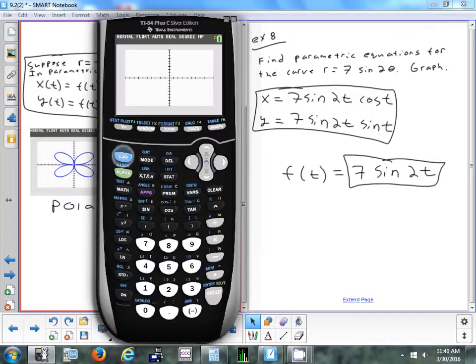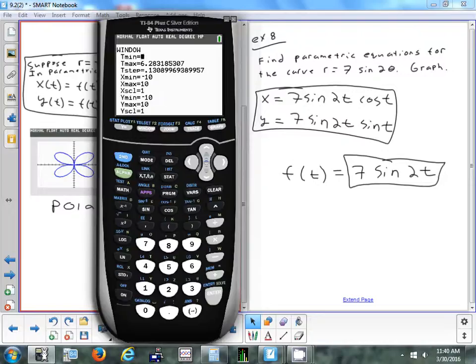Let me adjust my parameter. Let's go by 0.5. I want to see how that looks. What's my mode on my calculator? My mode is degrees.